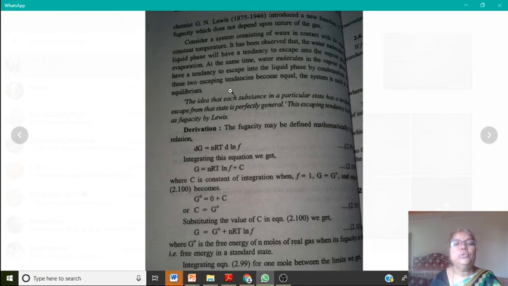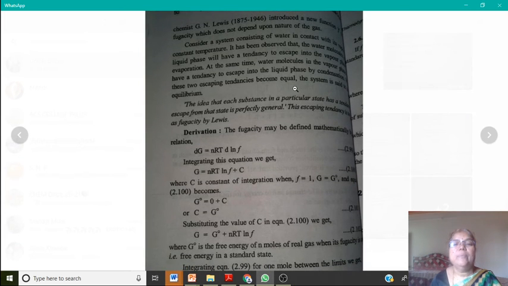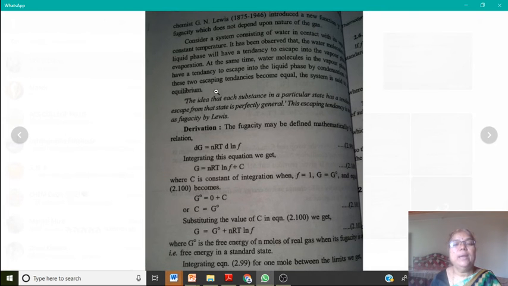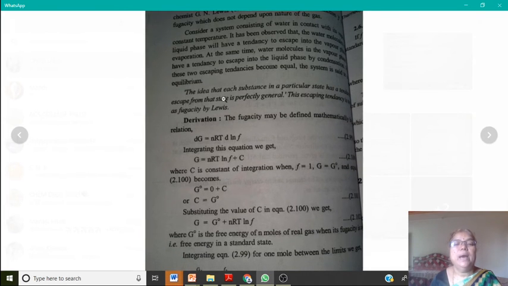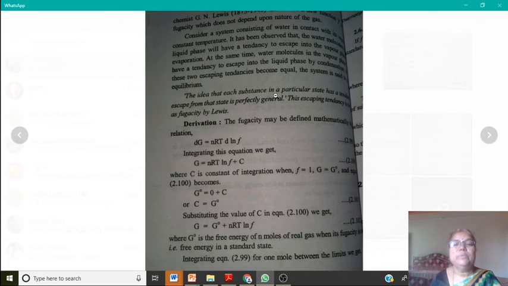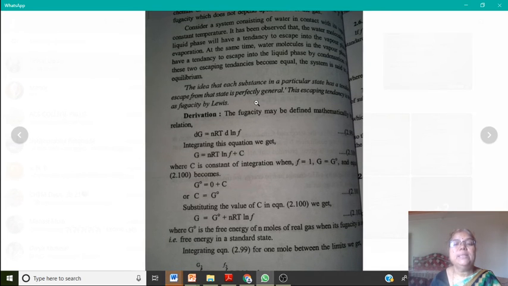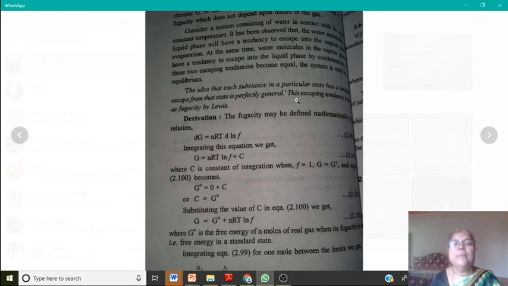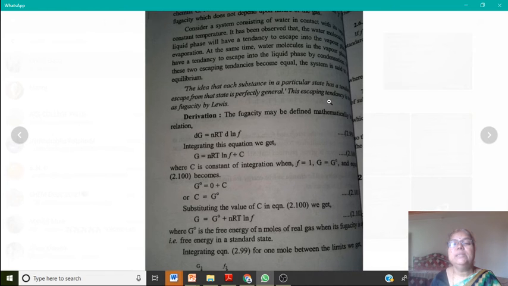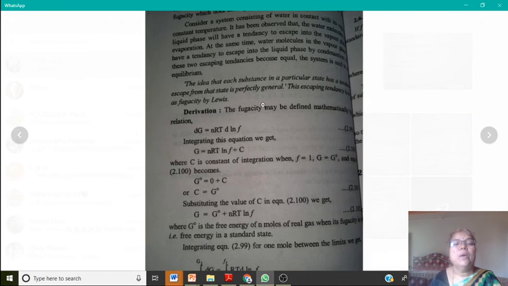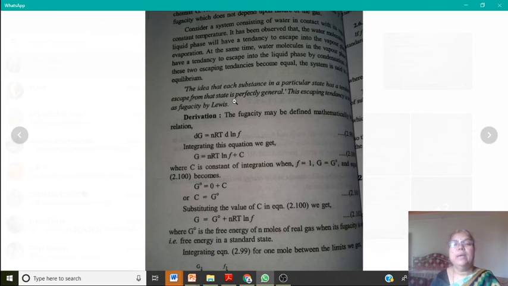When these two escaping tendencies become equal, the system is said to be in equilibrium. The idea that each substance in a particular state has a tendency to escape from that state is perfectly general, and this escaping tendency is the fugacity.